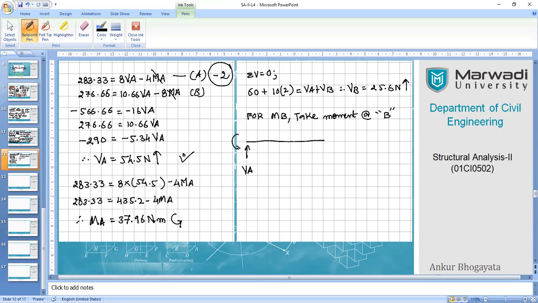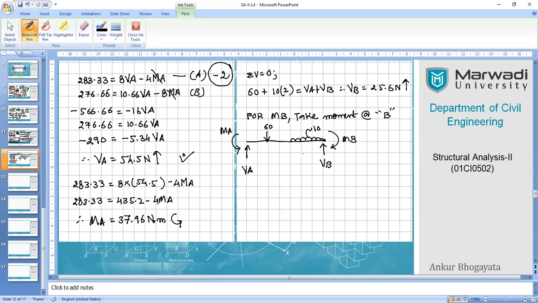This is your MA, of which you know the value now, right? You have 60 kilonewton here, you have UDL of 10 here, you have unknown value of MB, and you have known value of VB. Right? You know all the distances.